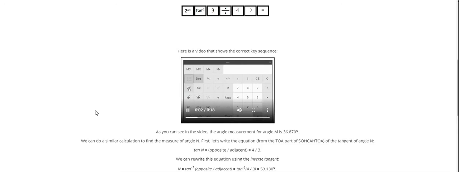Second, inverse tangent, 3 divided by 4, close parentheses, equals. And it gives us 36.869, etc. That's our answer. We're rounding it off to 3 digits after the decimal point, so it becomes 36.870.